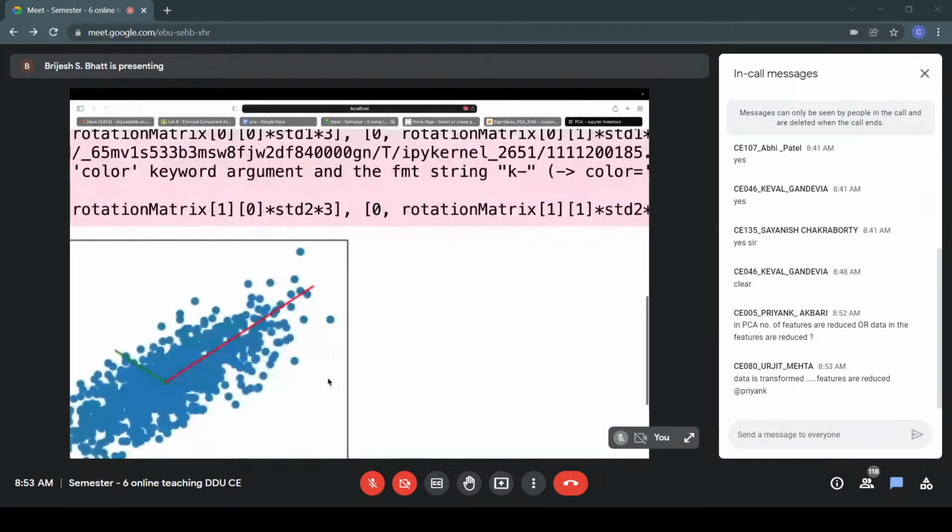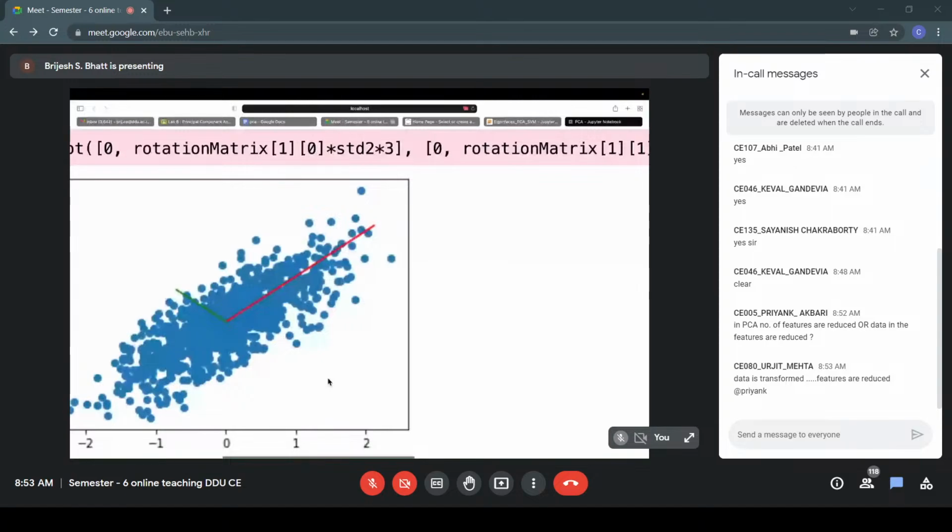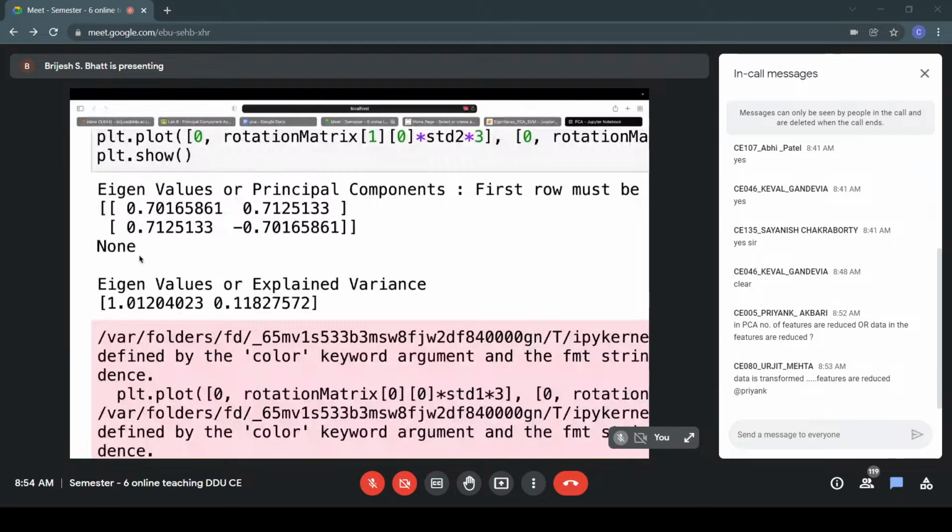You should know where the red line and the green line are, along with the eigenvalues: 1.012 is the first eigenvalue, and the vector corresponding to it is, I believe, 0.701 and 0.712.